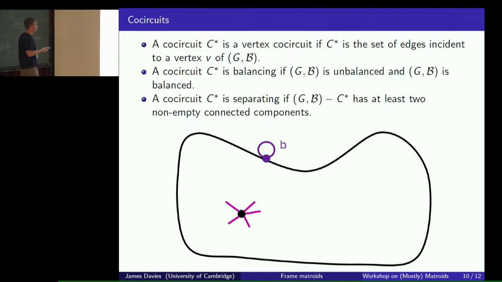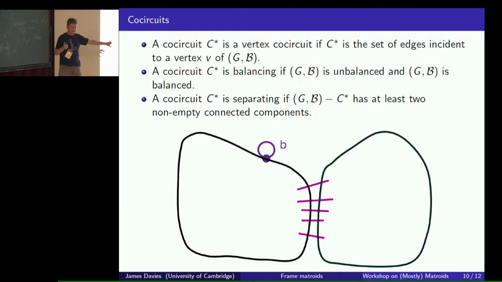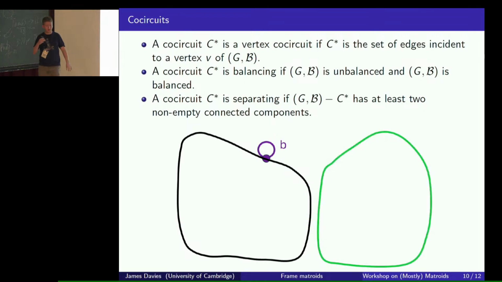And then the other type of co-circuit is separating co-circuits. So it could be that in some other representation, this co-circuit turns into something like this. Where now if I delete these edges, I disconnect my bias graph into non-empty components where one becomes balanced. And this again can bump the rank down.